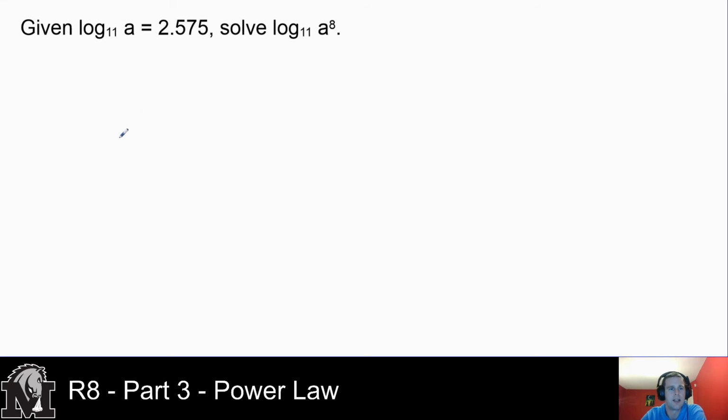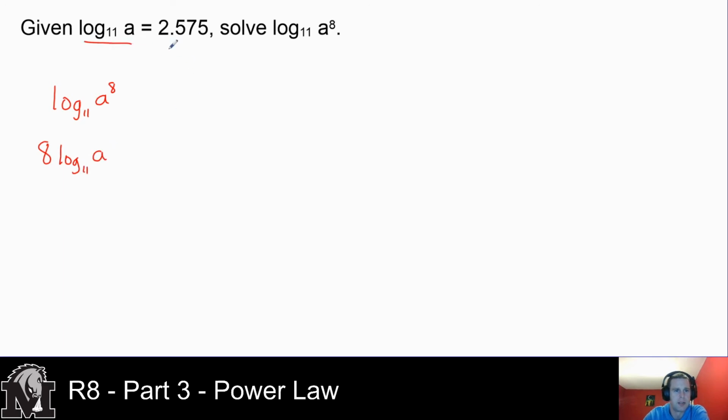Given log base 11 of a is equal to 2.575, solve log base 11 of a to the power 8. I'm going to start out by writing the question. And we're going to use our power law of logarithms to put the 8 out in front. So it's 8 times log base 11 of a.